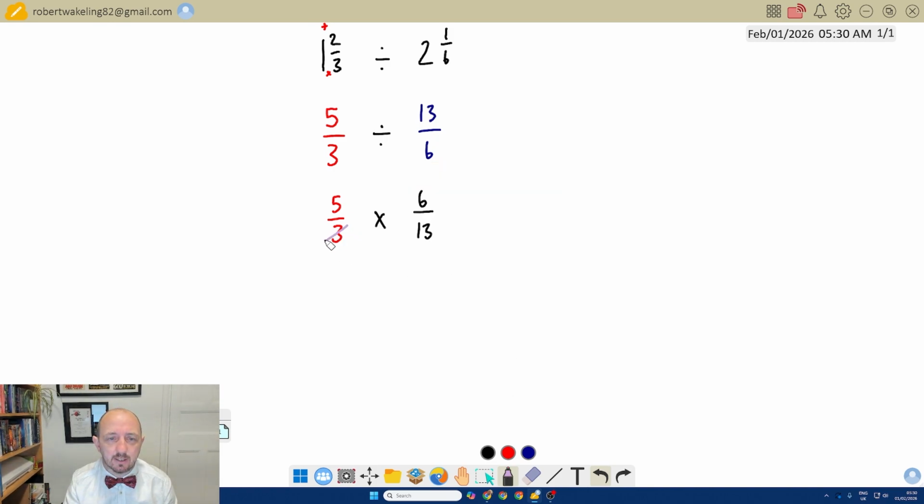So 3s into 3 go 1, 3s into 6 go 2, and now we can do 5 times 2 is 10, 1 times 13 is 13. Instead of 30 over 39, we don't know what the factors of 30 and 39 are necessarily. It's easier to do it with 3 and 6 than 30 and 39.